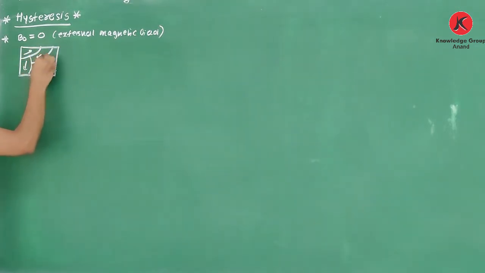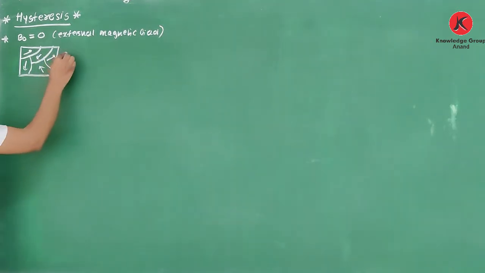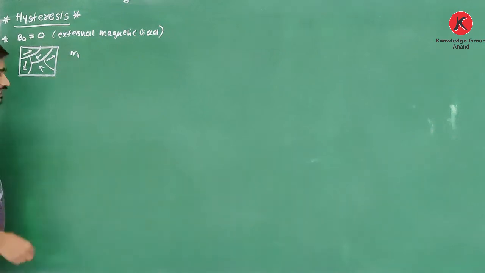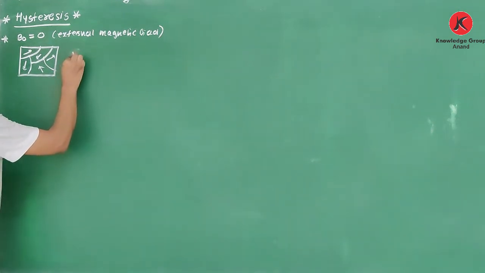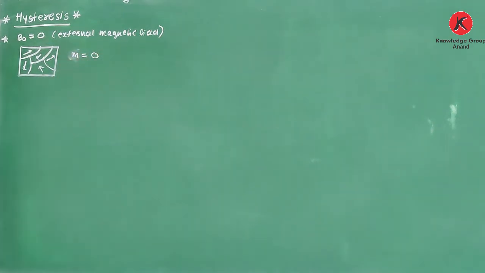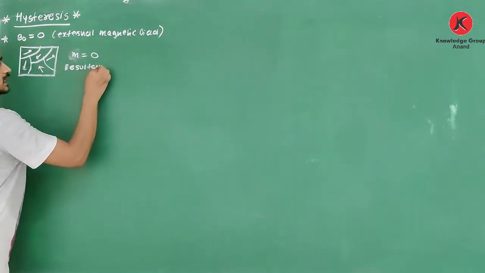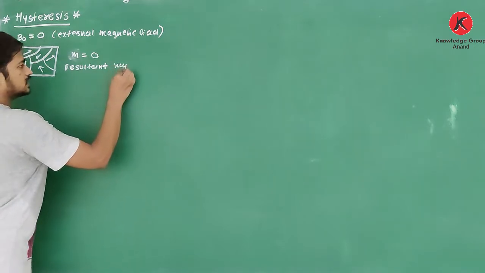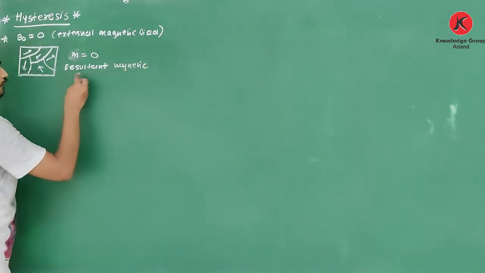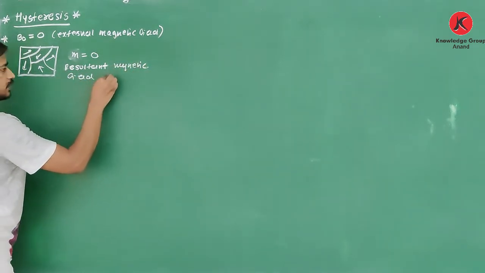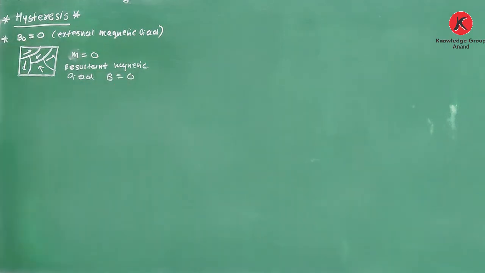Each and every dipole is aligned in a random direction. So what is the net magnetic moment? Magnetic moment is equal to 0. And also the resultant magnetic field B inside the ferromagnetic material is also 0. Yes or no? Yes.